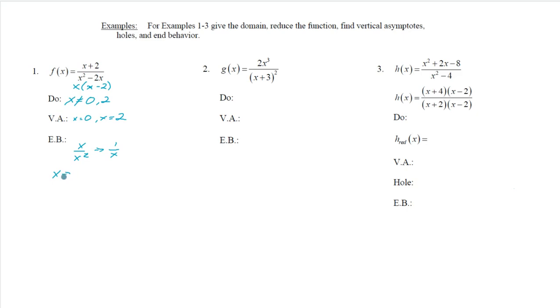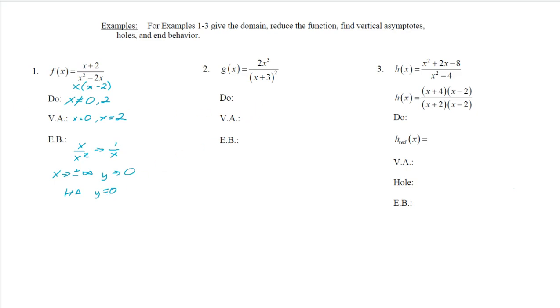So as x goes to positive or negative infinity, our y is going to go to 0. So it means that we actually have a horizontal asymptote at y equals 0. Okay, so this is our end behavior in this case here.